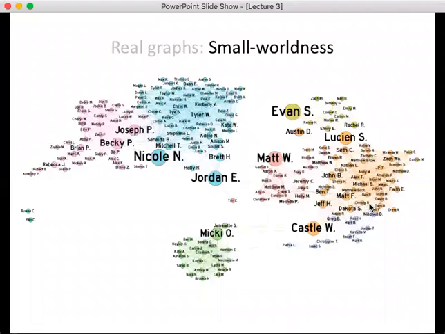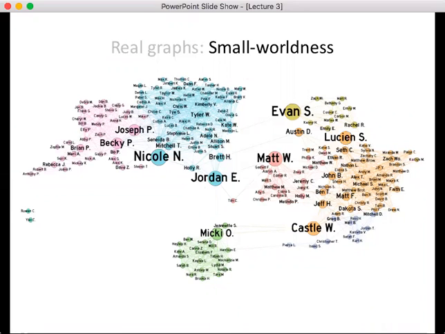What you can observe is that there are clusters, right? This Jordan here is at the center of the graph, and there is a community connected to this person, then there are other communities. So this is a real-world social graph.